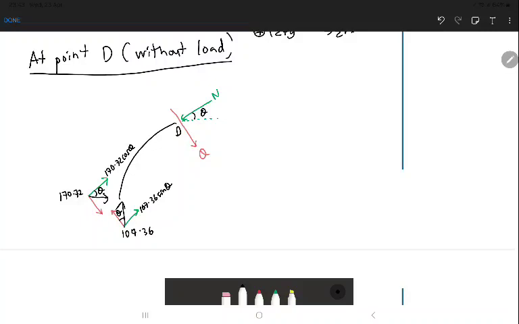Okay, back. How do you get theta value? At point D, D happens at x equal to 10 meter.